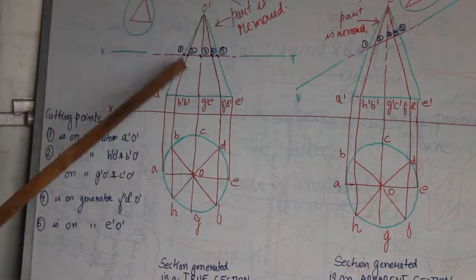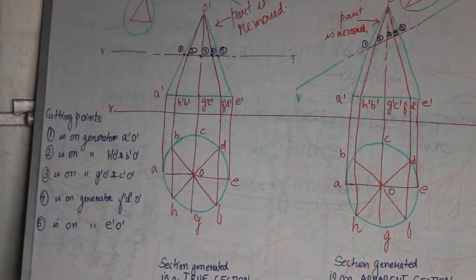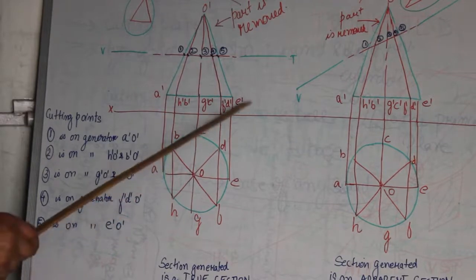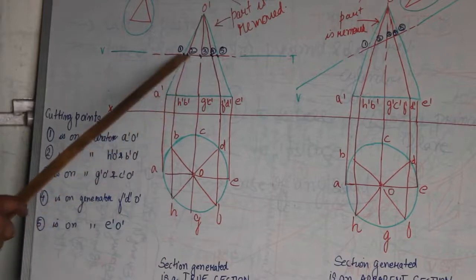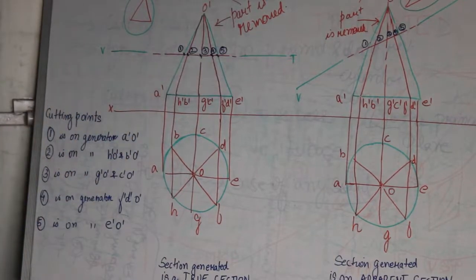The cutting point number 4 is on the generators F dash O dash and D dash O dash. And 5 is on E dash O dash, the last cutting point 5. So we have 5 cutting points by the cutting plane line, which is a representation of a cutting plane, which is a horizontal section plane.